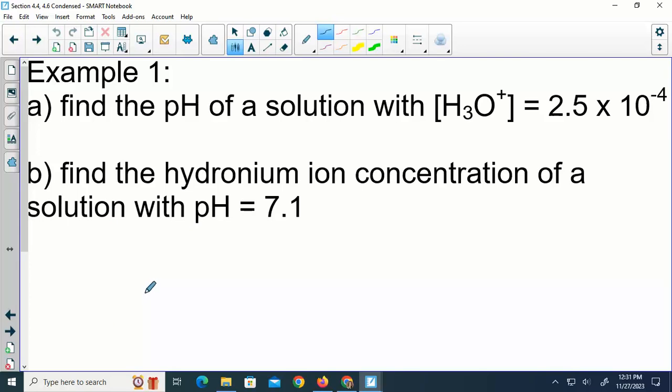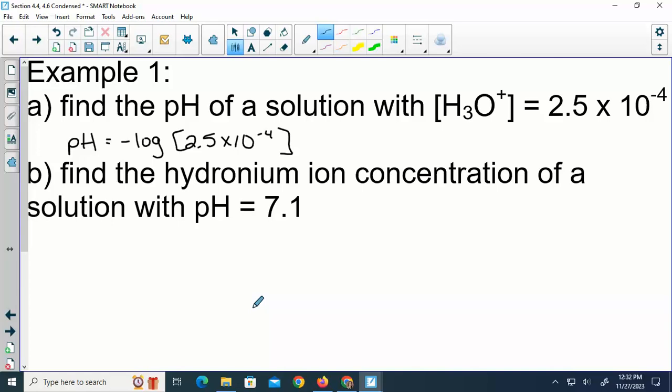So the first example, I want to find the pH of a solution with a hydronium ion concentration of 2.5 times 10 to the negative 4. From our formula, pH is the negative log of this. The H3O+ is usually written in scientific notation like that. So now we just put it in our calculator.